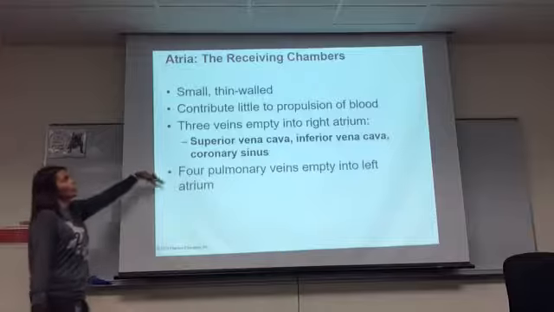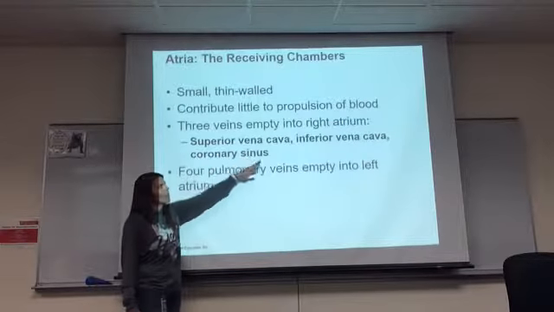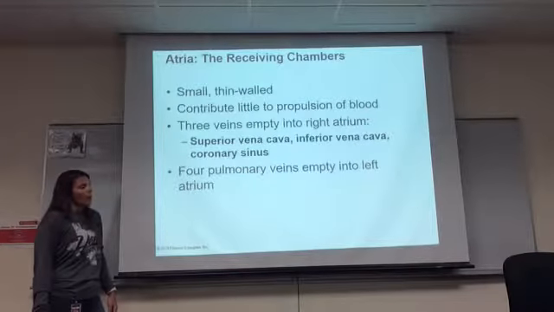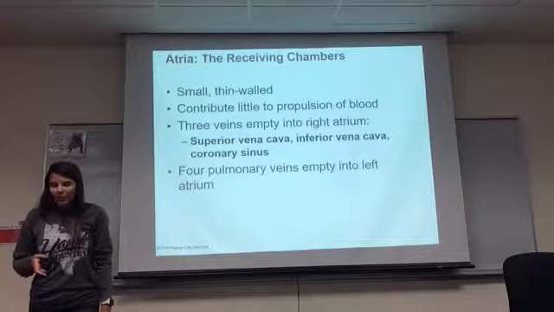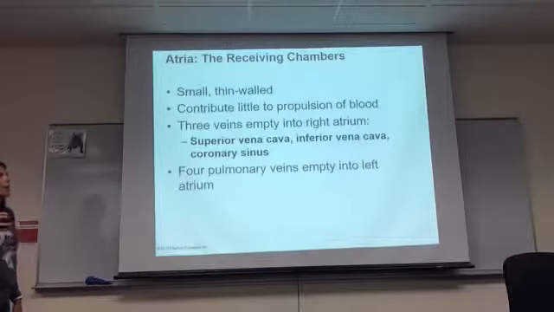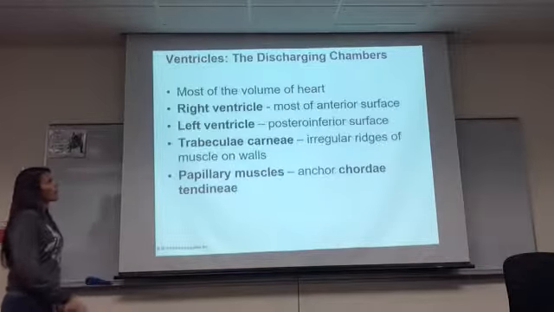The right atria receives blood from the superior vena cava, inferior vena cava, and the coronary sinus. The left atria receives blood from the pulmonary veins. Oh yeah, it says everything coming back. So pulmonary veins.